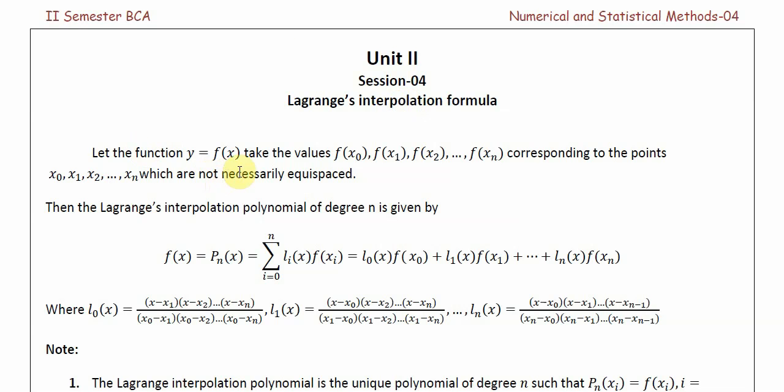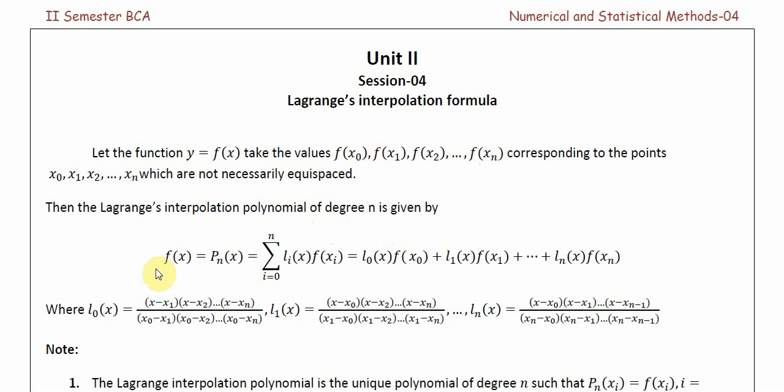So if you are given a function y is equal to f of x and these are the values it takes, these are the data points for us. The values of y are f of x0, f of x1, f of x2, f of xn, corresponding to the points x0, x1 to xn which are not equally spaced. Then Lagrange's interpolation polynomial of degree n is given by, if you are given n plus 1 data points from x0 to xn, then we obtain a polynomial of degree n.